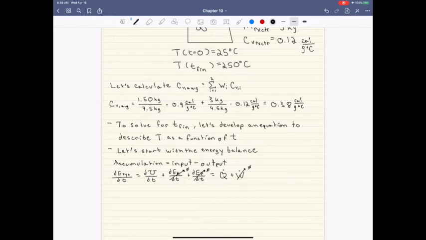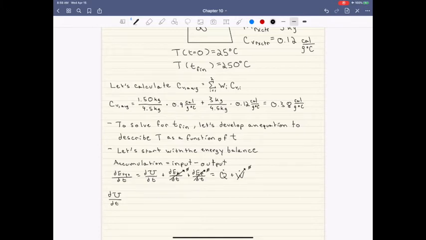So we're going to say that's 0 as well. We also don't have any reactions going on yet, because we're just heating the system from 25 to 250. So with all that, we could say that the work rate for the system is about 0. What we're left with is dU/dt.